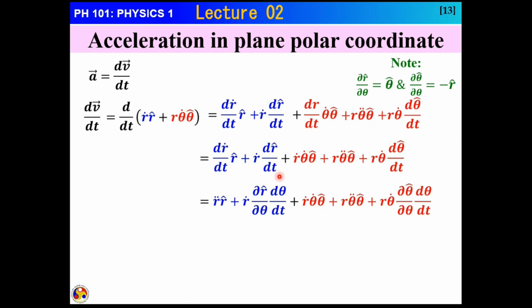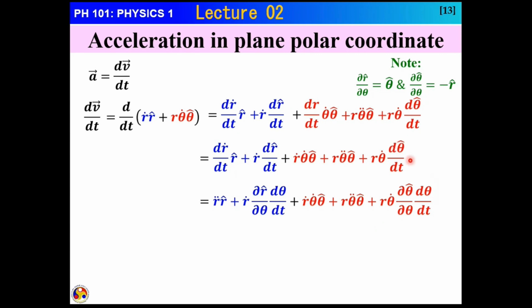Now here, dr cap by dt: since r cap is a direct function of theta, we are going to do the differentiation first using the chain rule. So we are going to use dr cap by d theta and then d theta by dt. Similarly here, we are going to do the chain rule, with r theta dot.